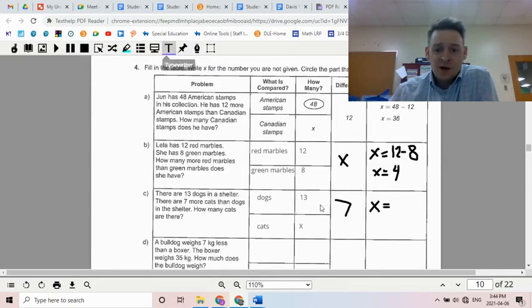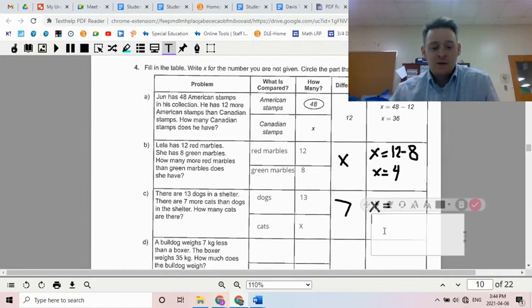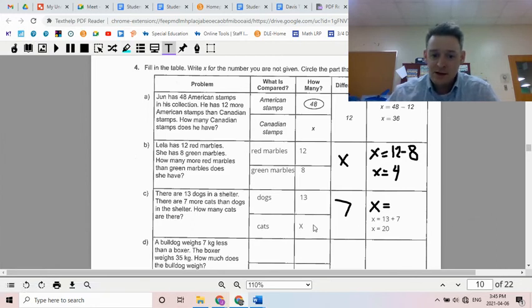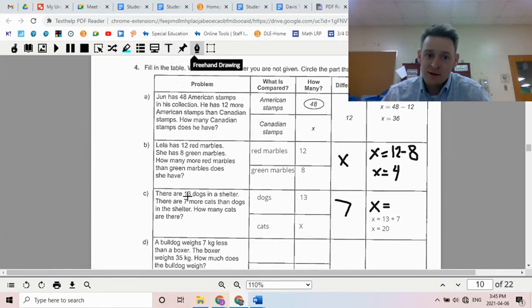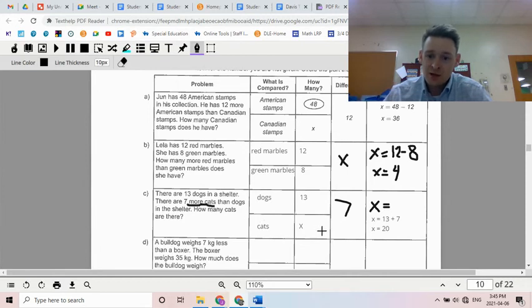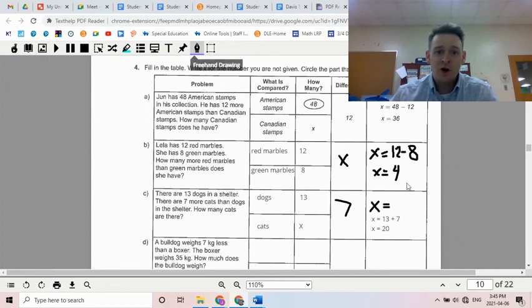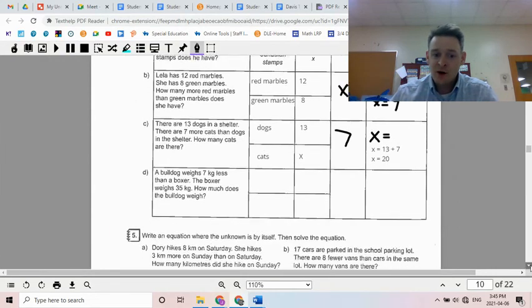So let's use a text box. Okay, we're going to use X equals 13 plus 7. The next line is going to say X equals 20. And we're going to check it out. If there were 20 cats, would that make sense? Well, it would have a difference of 7, and there are more cats than dogs. So that makes sense. All right, let's move on to the bottom.